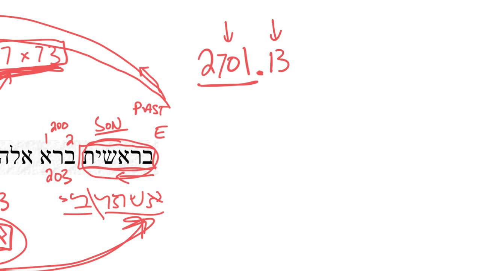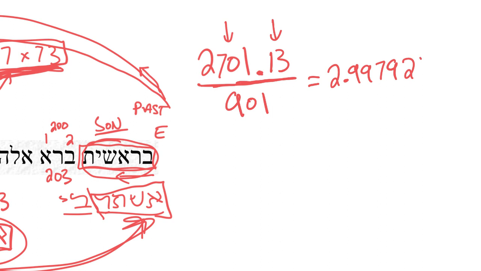If you set it up like this, right, and divide it by this word star, which is equal to 901, okay? This number equals 2.9979245. This number is so close to the speed of light.